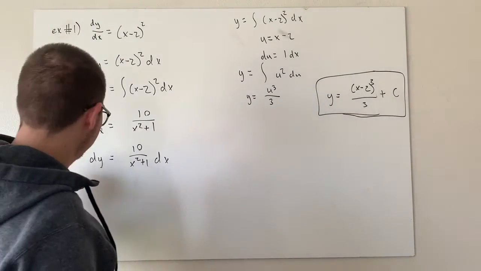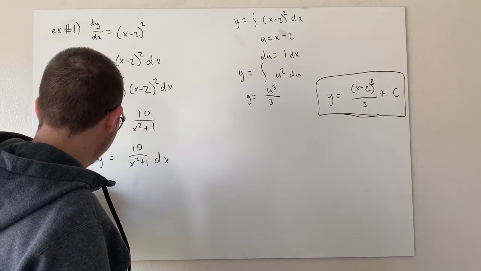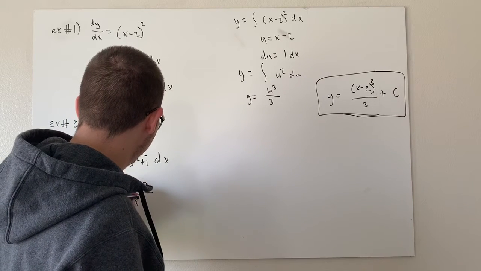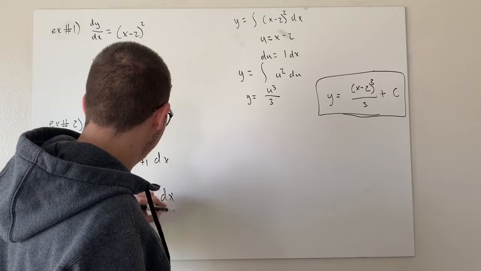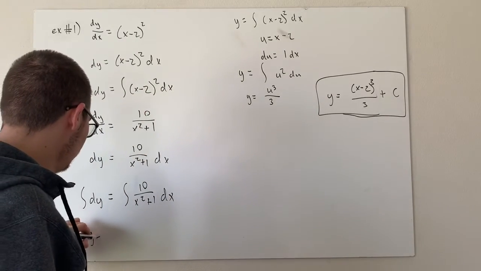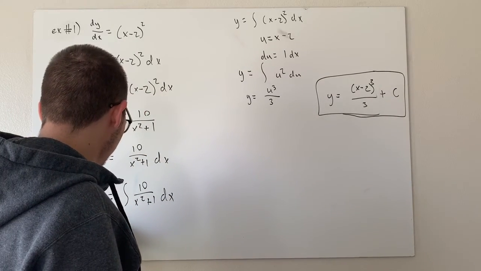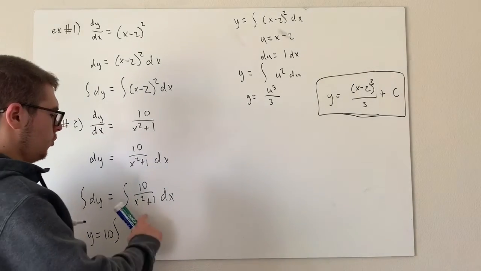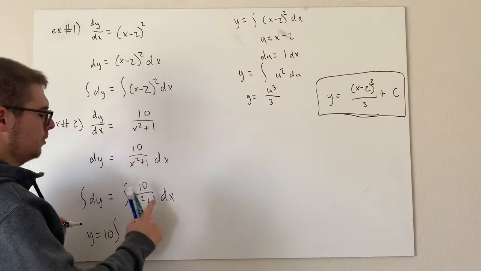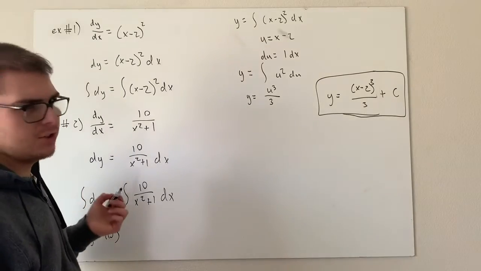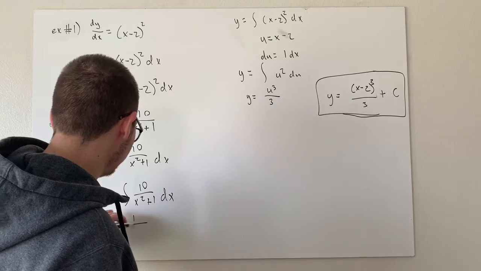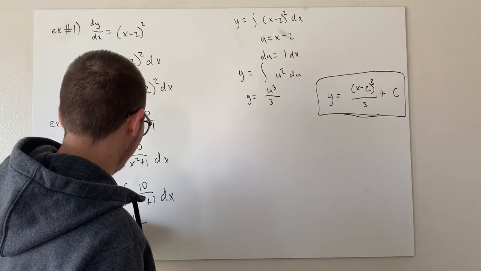Take an integral of both sides. Now I'm going to pull that 10 out of that integral, because I know that this whole expression, 1 over x squared plus 1, is just multiplied by that 10. It's just some constant multiple we could pull out, and that might let us see things that we wouldn't necessarily see before.